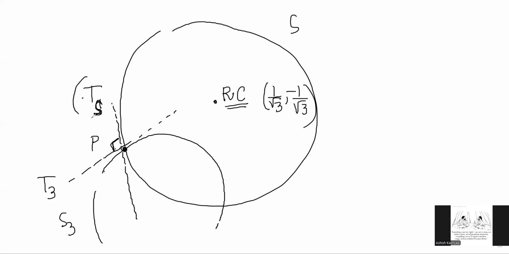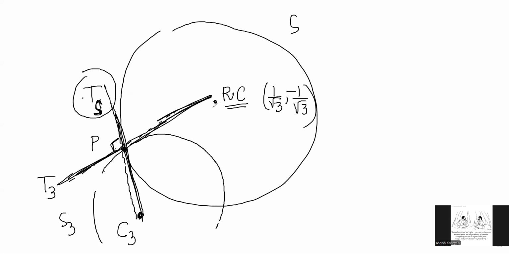Therefore, we can say that this tangent must pass through the center of S3, C3, right? So this tangent must pass through the center of C3. And this tangent must pass through the center of the radical circle, right? So basically we have drawn two tangents, and since the tangents are perpendicular to each other, they will pass through their respective centers, right? Great.